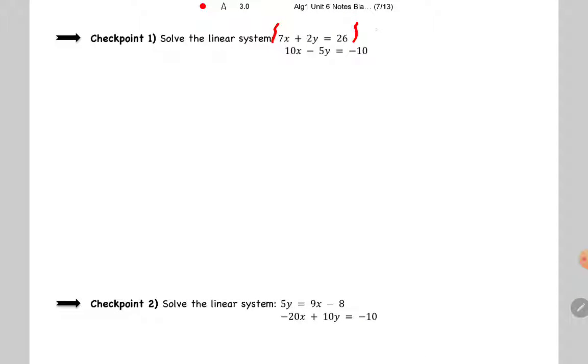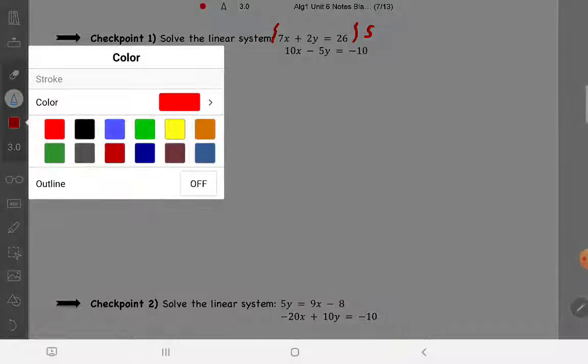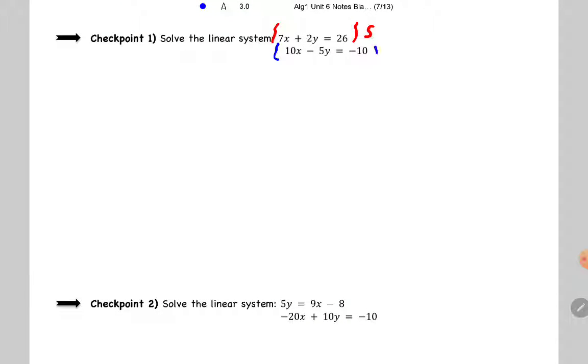First let's choose a variable to get rid of. I'm going to choose to get rid of y. So we have 2 and 5. The lowest common multiple would be 10. So I'm going to multiply the top equation by 5, and the second equation by 2.